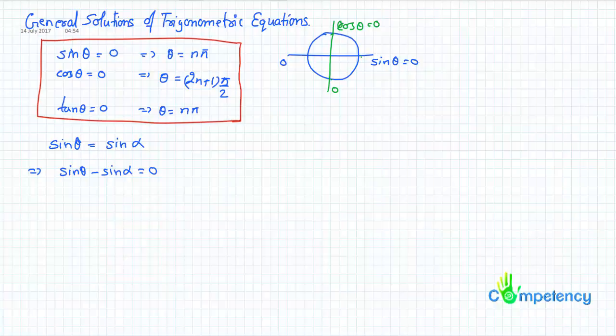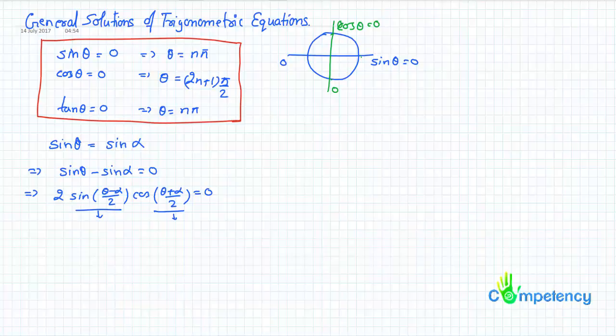By applying this identity, we can say that 2 sine of (theta minus alpha) by 2 into cos of (theta plus alpha) by 2. So this can be rewritten like this. Now we have two products and the whole product is 0. That means this part or this part, any one of them or both of them are actually 0.